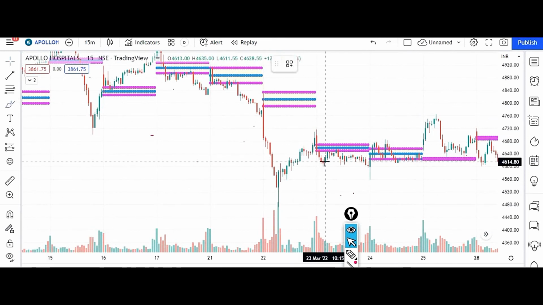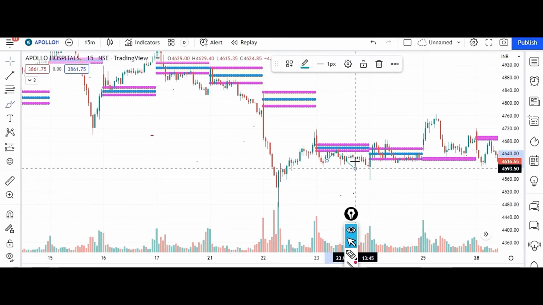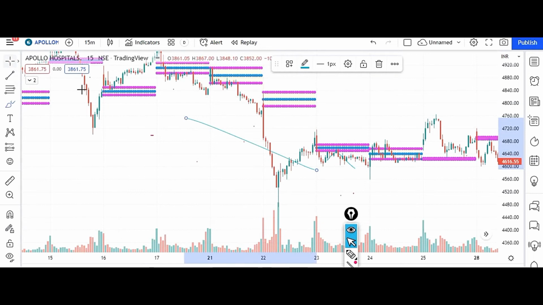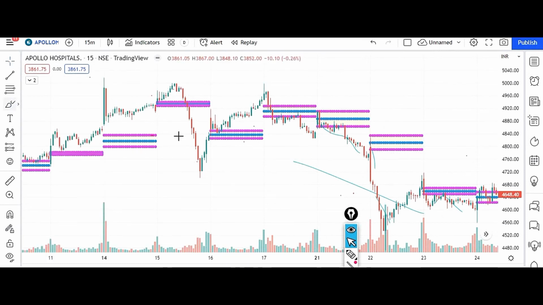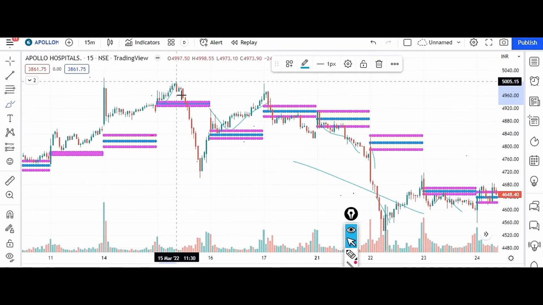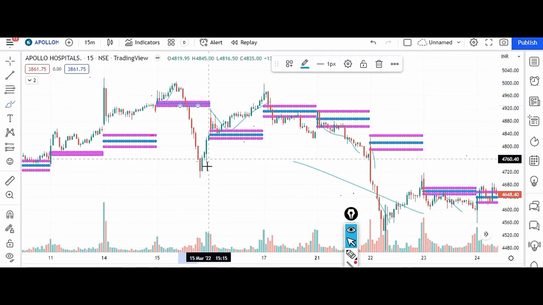Here it rejected this level and consolidated. Here you see given good momentum. Here you see the momentum. Here you see it went up, reached downside and fell very quickly.